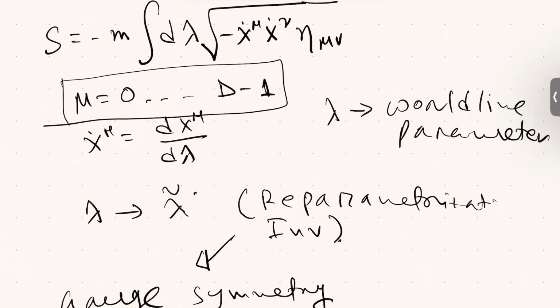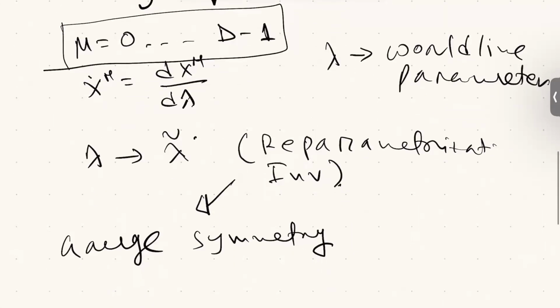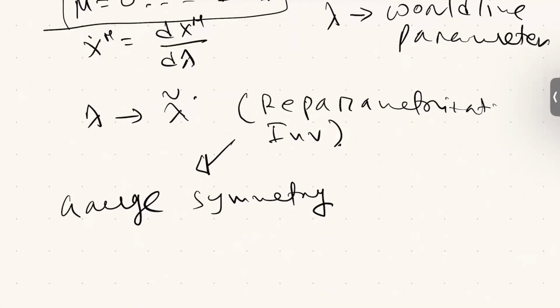Because there is an index from 0, 1 to d minus 1, right? But actually, because of this reparameterization symmetry, this is a gauge symmetry. And whenever there is a gauge symmetry, you have to fix the gauge, because gauge symmetry is not a real symmetry, it's a fake symmetry. Okay.